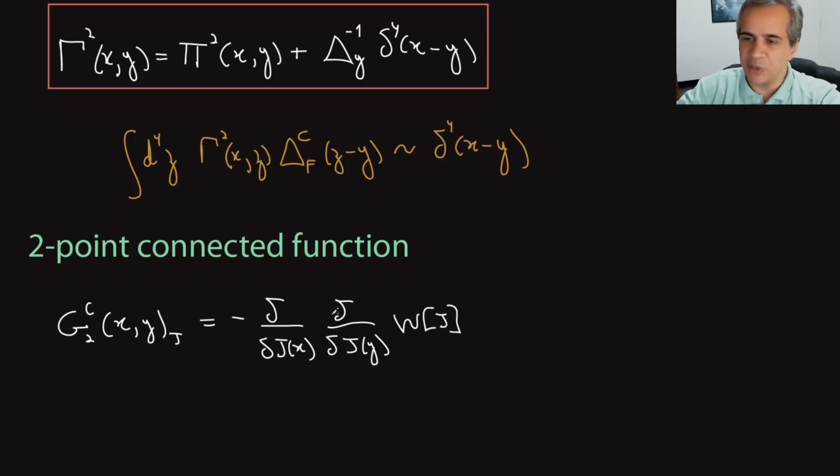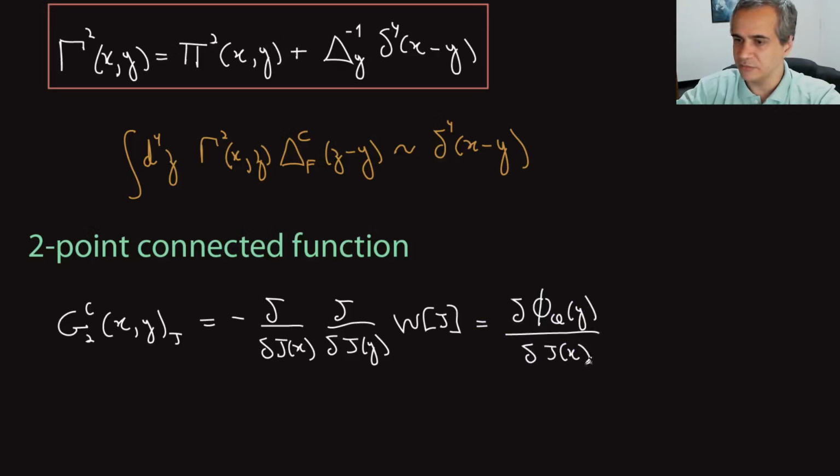But of course, now we know that this, with the minus, is the definition of the classical field. So I can also write this as the derivative of the classical field in relation to the source, because we know that this is the classical field.